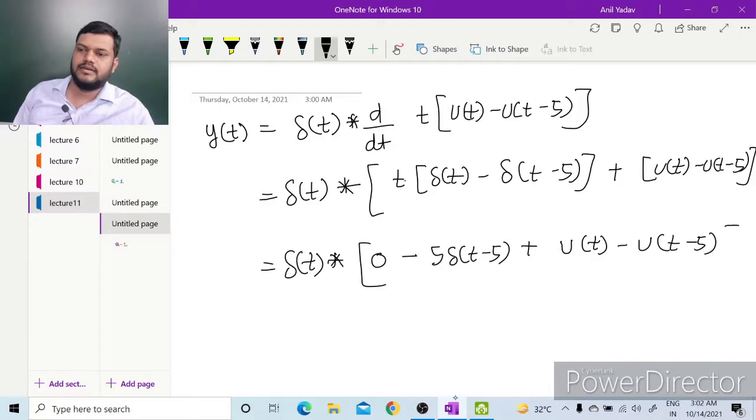Now when δ(t) convolves with u(t), it becomes u(t). When δ(t) convolves with u(t-5), it becomes u(t-5). And when δ(t) convolves with δ(t-5), it becomes δ(t-5).